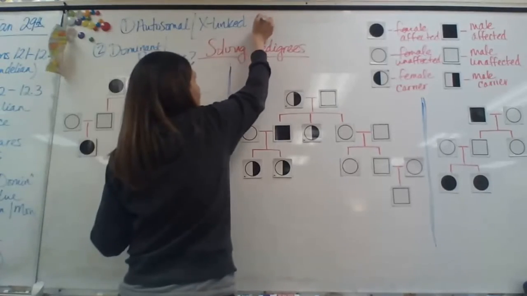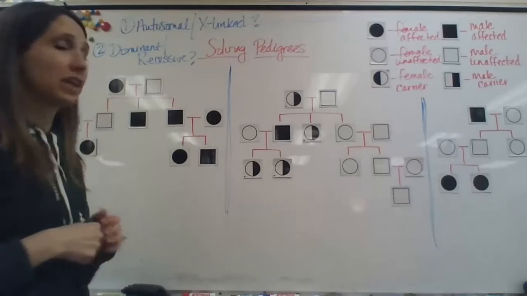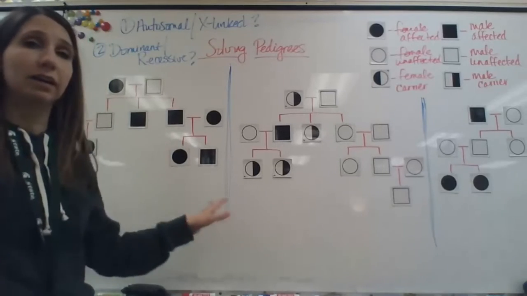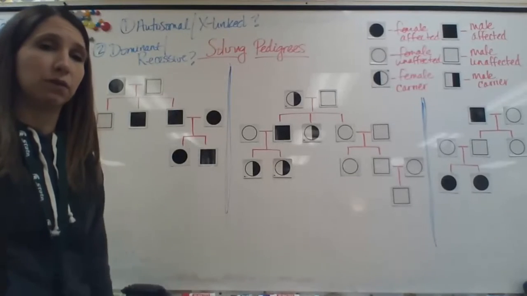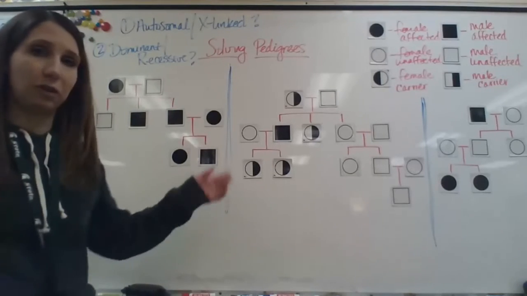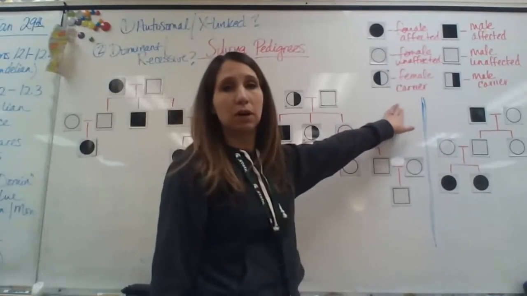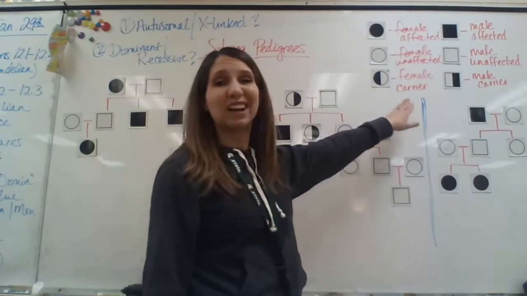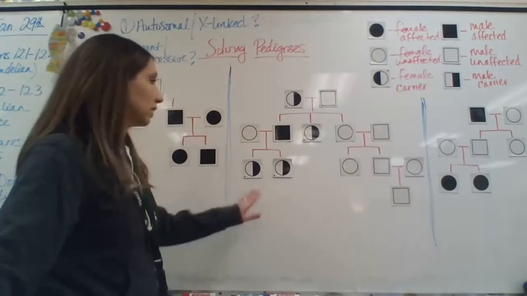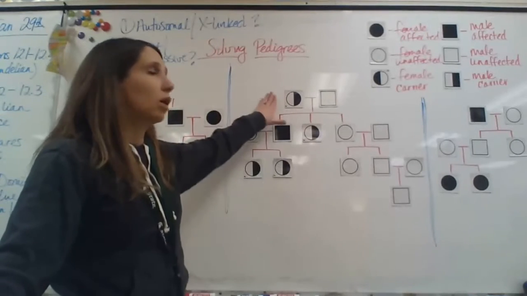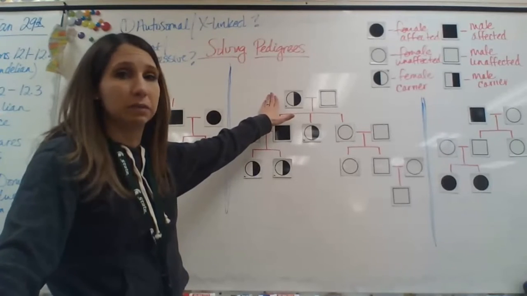Okay, we've talked a lot about dominant and recessive through doing Punnett squares, right? When we think about dominant and recessive, the same rules apply here. If you have one copy of a dominant allele, you should show that. If you have two copies of a recessive allele, you would show that. In general, carriers would only be in a scenario where we actually have recessive alleles. If we see carriers on any pedigree, like we're seeing them here, that is always a dead giveaway and an indication that we're dealing with a recessive trait.